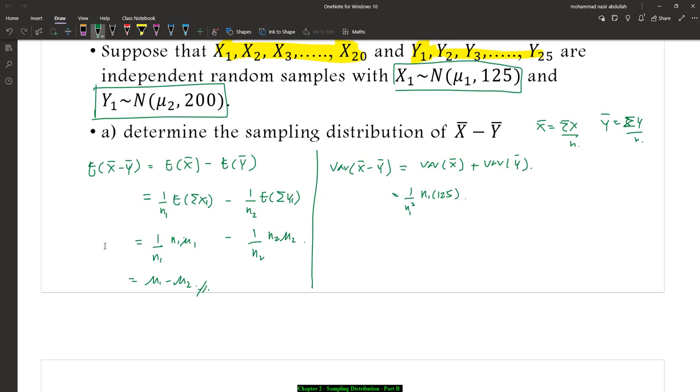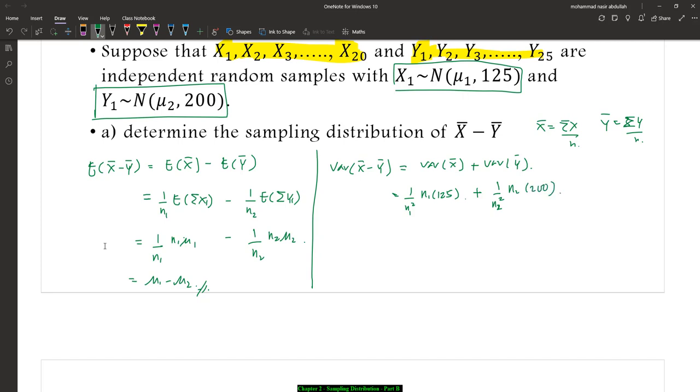Okay, wait. So this one plus 1 over n2 squared, times n2, and then this one should be 200.